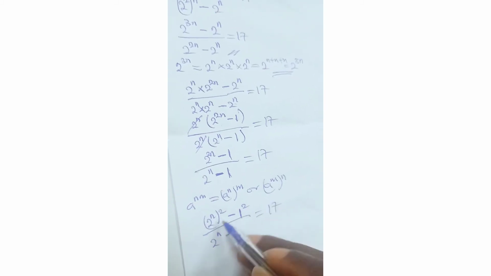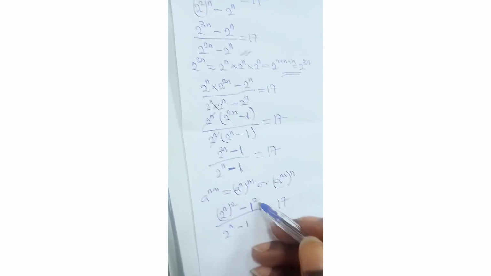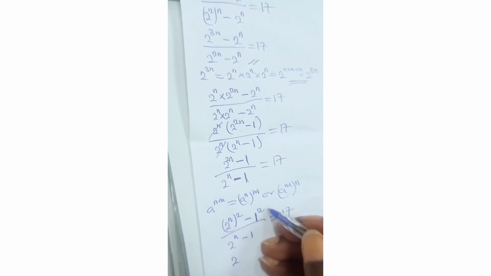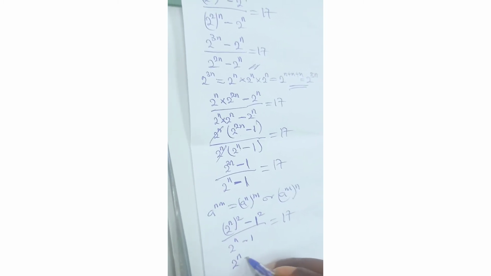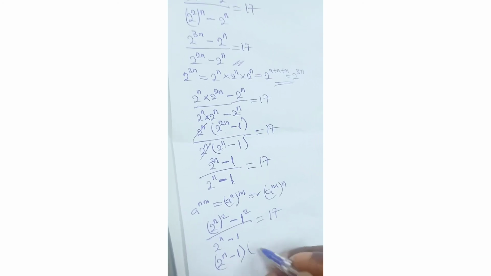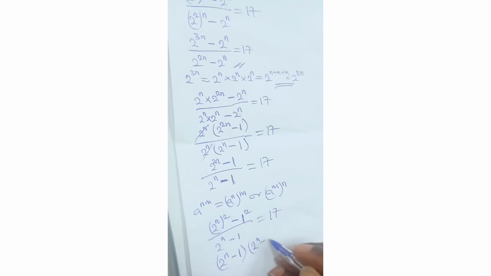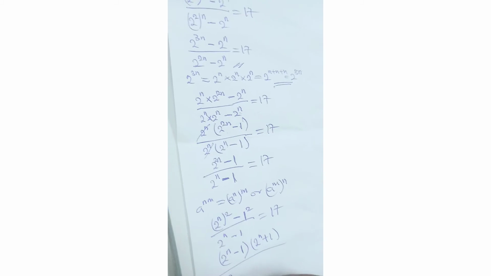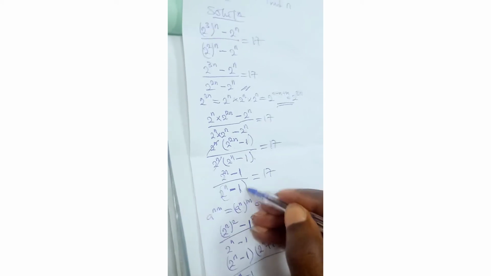Now at this point, remember under expansion, when you have something of this nature, since the power is the same, it becomes 2 raised to power n minus 1 into brackets 2 raised to power n plus 1, over 2 raised to power n minus 1, and then you are going to have it to be equal to 17.